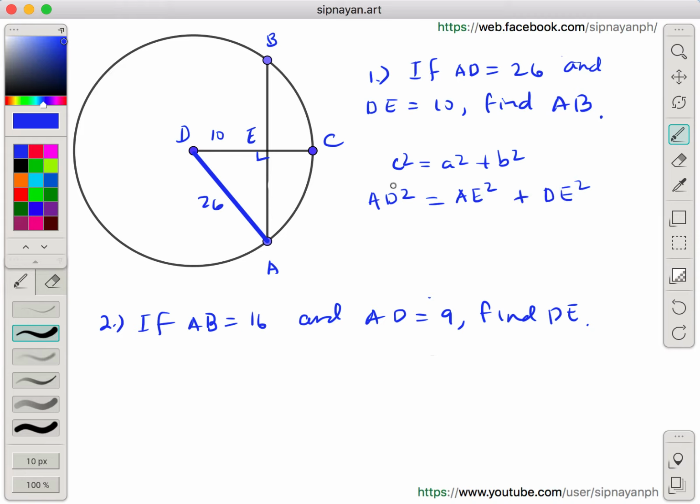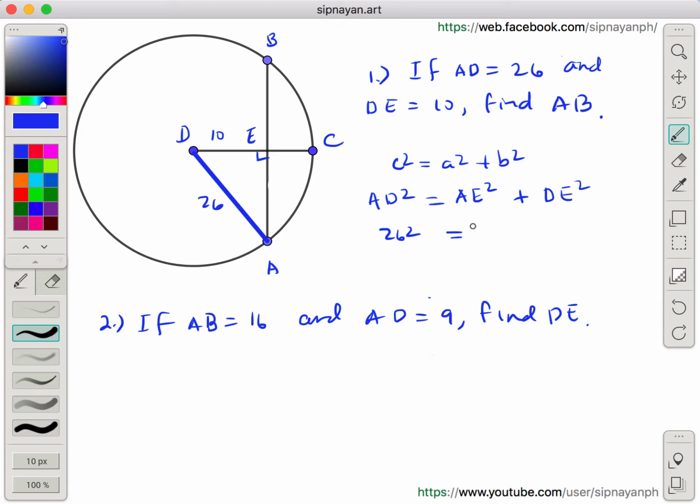So napapansin nyo ang label natin dito, ang name ng mga segments, hindi natin nilalagyan ng bar because we're talking about the length of the segment. Sa previous video, may mga bar yan, yung AD. Nilalagyan natin ng bar sa taas because we're talking about the segment. Here, we're not talking about the segment, but the length of the segment. We are talking about numbers. Numbers yung mga yan.